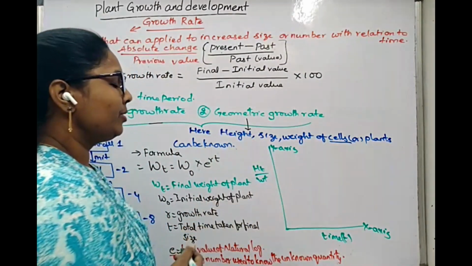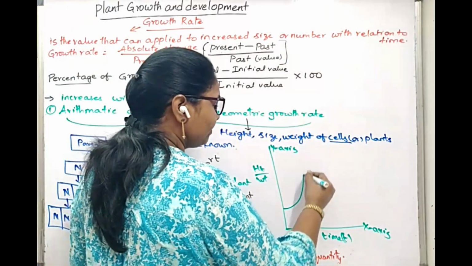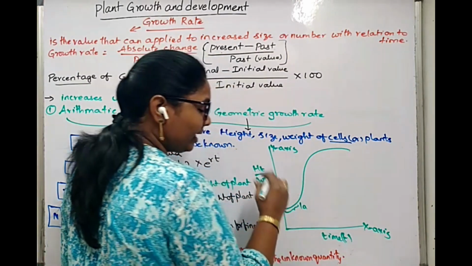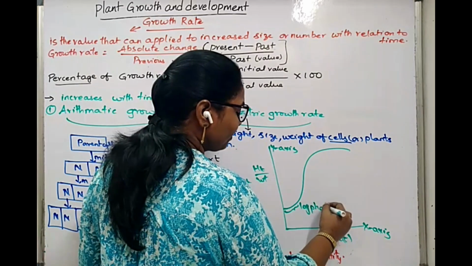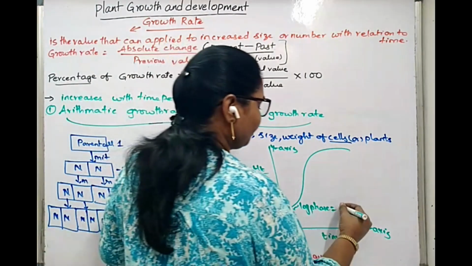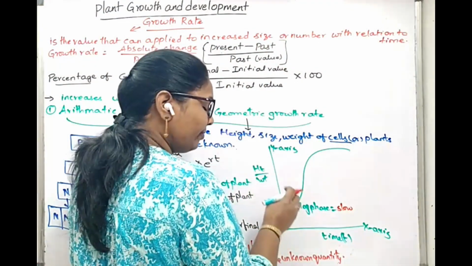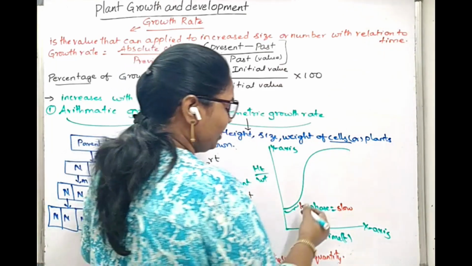In case of geometric growth rate, initial growth is very slow. That time period is called as lag phase. So lag phase is very slow. Here the cells grow very, very slowly, and that is called as lag phase.